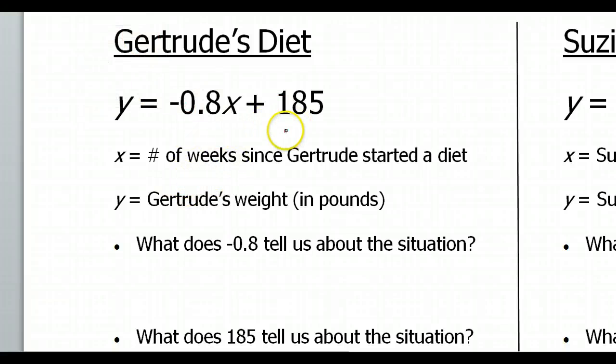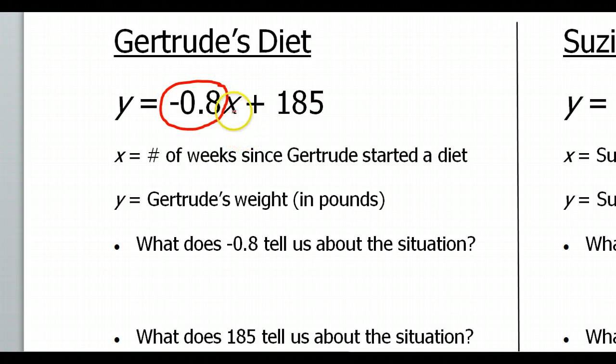So Gertrude's diet, and the idea is Gertrude is probably feeling like she's a little bit overweight, so she's going on a diet, watching what she eats, eating healthier foods, hoping that her weight will go down. As we look at this equation, yesterday we talked about what this part of the equation tells us.